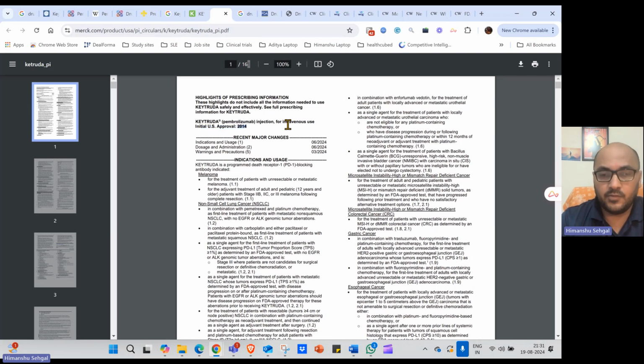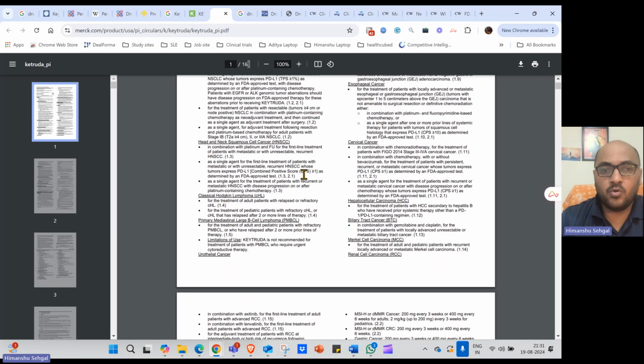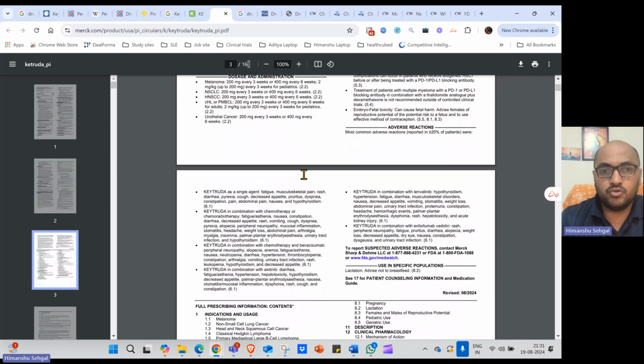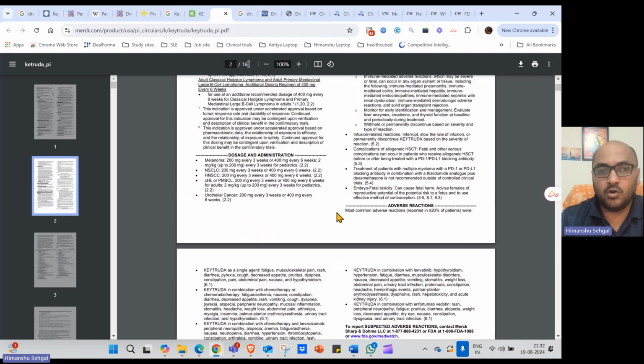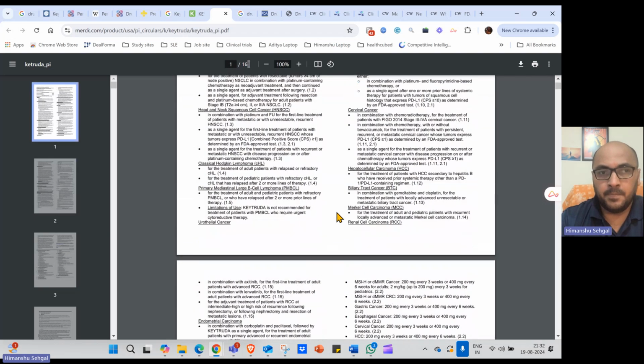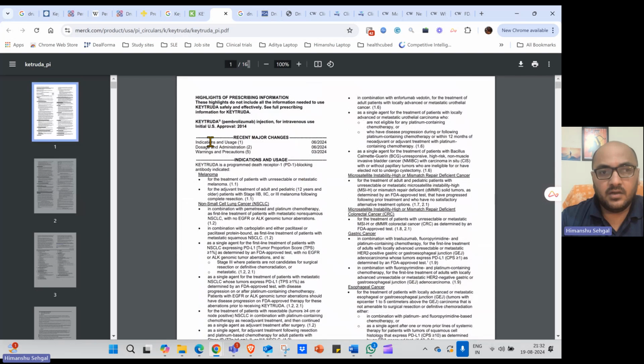Another very important piece of information which you should always read or check first is when this was last updated. Usually on the first page itself it is given, but because Keytruda has multiple approvals, you can check that it got revised in 8th, which is August 2024. Right now, at this moment, I'm not sure when I'm going to post this video, but yeah, in August 2024, it got updated. Okay, so you can see indications and usage, recent major changes.